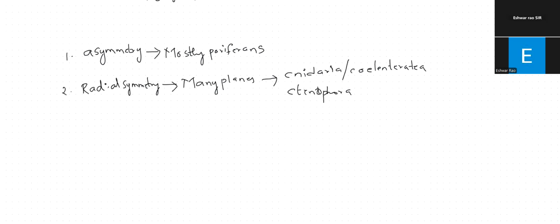A very important note is here, beta. You should remember this. What does the note mean? Adult echinoderms show radial symmetry, whereas the larval forms show bilateral symmetry.